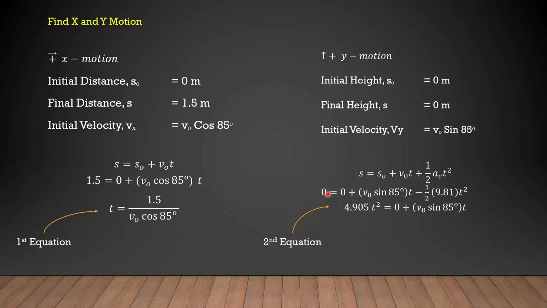So S is 0, S0 also 0, plus V0 sin 85 degrees times t minus 1/2 times 9.81 times t squared. So we got a second equation, 4.905 t squared equals 0 plus V0 sin 85 degrees times t. So we got a first equation and second equation here.